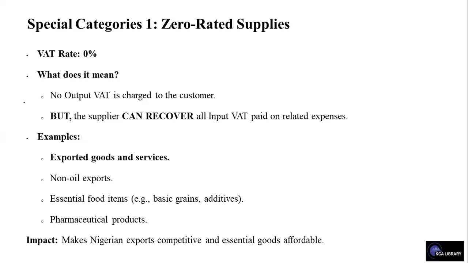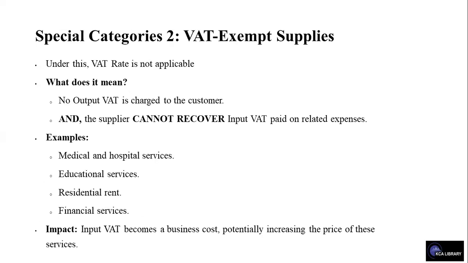But the supplier can recover all input VAT paid on related expenses. Examples of this are exported goods and services, non-oil exports, essential food items like grains, and pharmaceutical products. The impact of it is that it makes Nigerian exports competitive, and essential goods affordable.